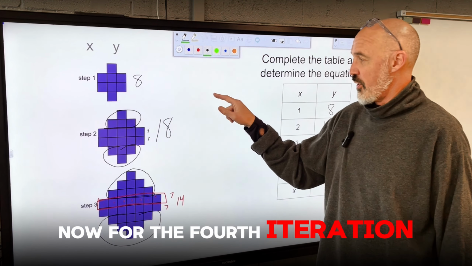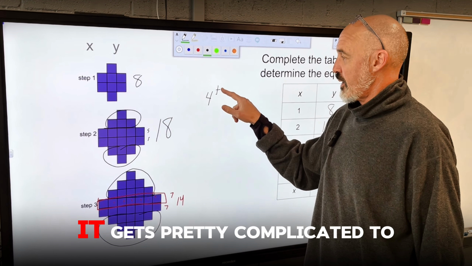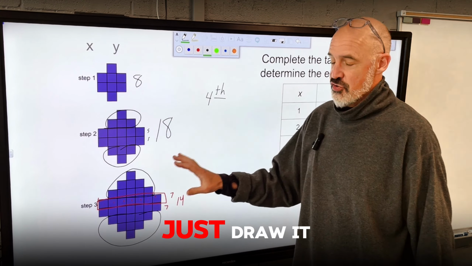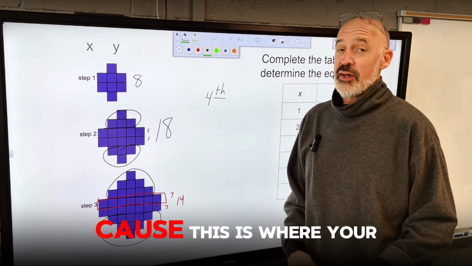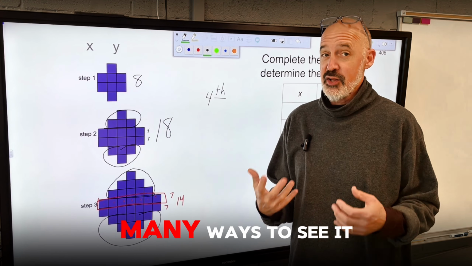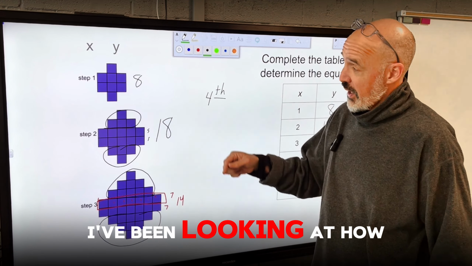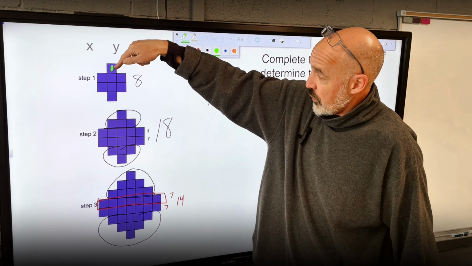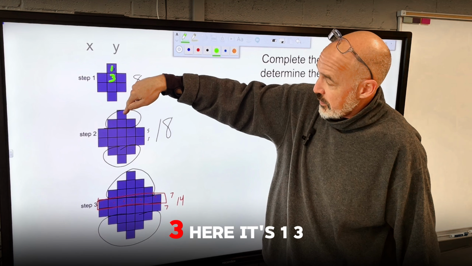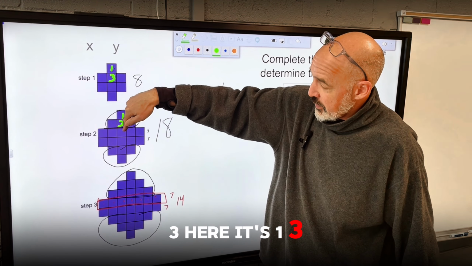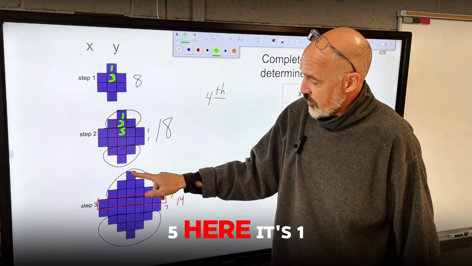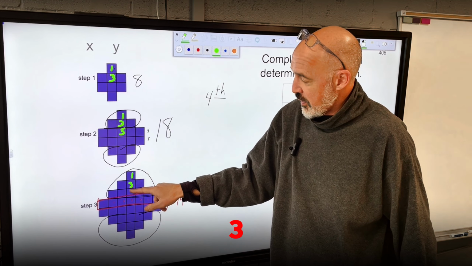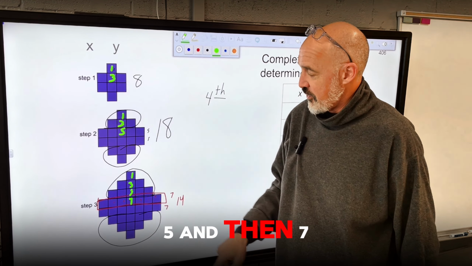Now for the fourth iteration, it gets pretty complicated to just draw it, but maybe not really, because this is where your student should have many ways to see it. I've been looking at how it's like a step pattern. 1, 3, here it's 1, 3, 5, here it's 1, 3, 5, and then 7.